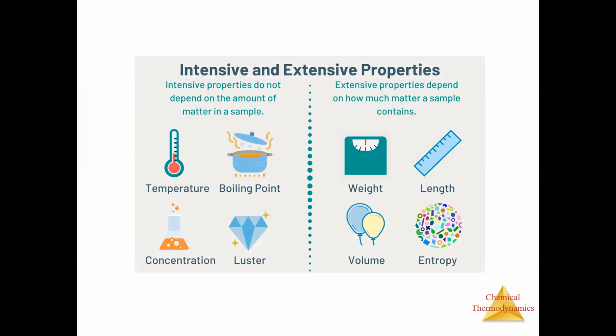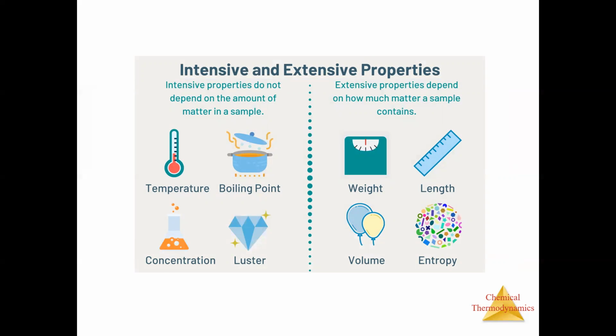For example, temperature, boiling point, concentration, luster. When we talk about temperature, no matter how healthy we are or what our weight is, the body temperature of each and every person remains constant. Even the boiling point of water: whether you boil a glass of water, a beaker of water, or 1,000 liters of water, its boiling point remains 100 degrees Celsius, and the freezing point remains 0 degrees Celsius.